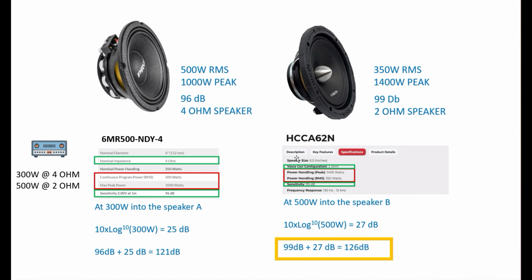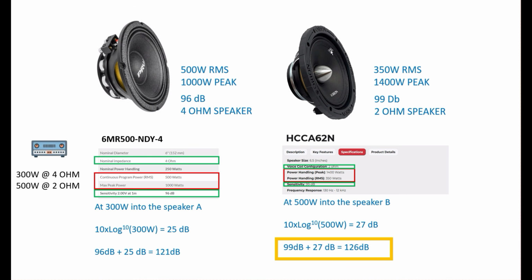And for this 2 ohm speaker, the amplifier can provide 500 watts. So that comes out to be 126 dB. So a good 5 dB. Now, if every 10 dB is a doubling in sound, so 5 dB is pretty significant, right?